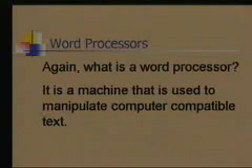So coming back to word processor, what exactly is a word processor? A word processor is a machine that is used to manipulate computer compatible text. Now that is a definition which we can probably live with and understand. When you have a text which is available with the computer, compatible with the computer, you can manipulate it.